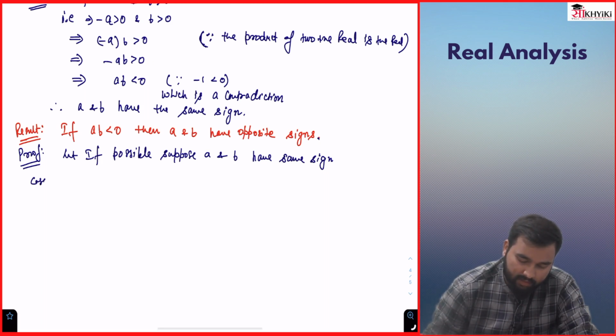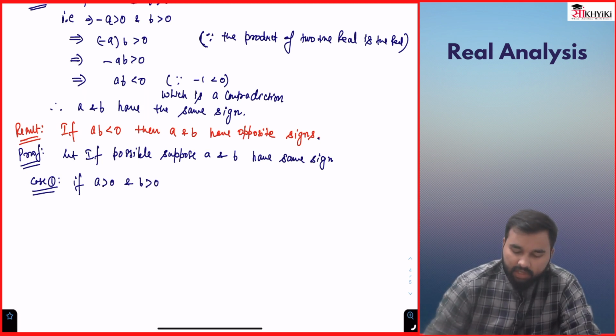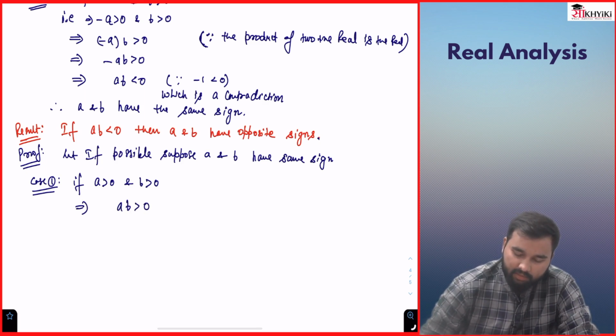So again two cases arise. First is if A is greater than 0 and B is greater than 0. Yes. Now both are positive real numbers. So this implies what? Their product must be greater than 0.